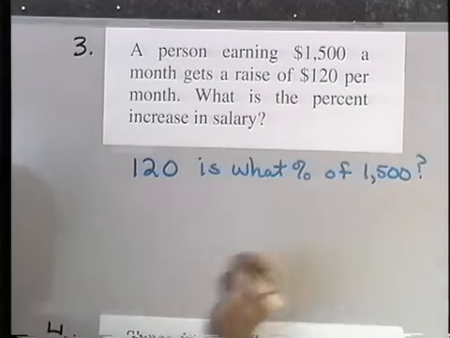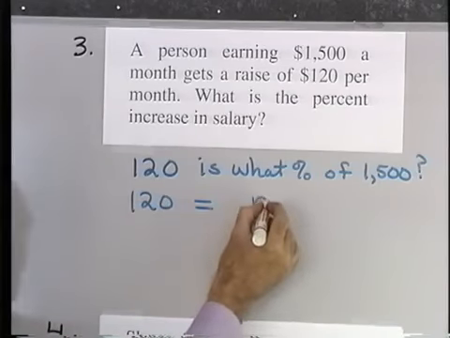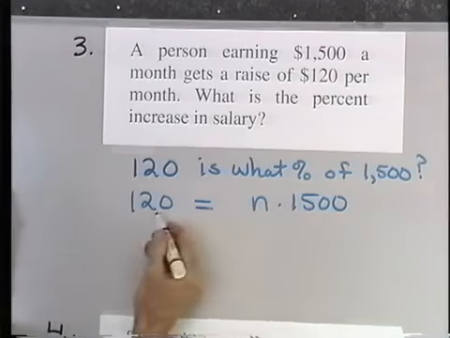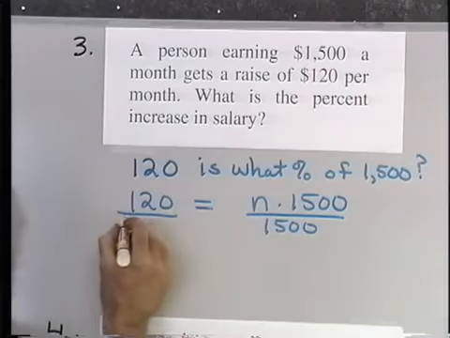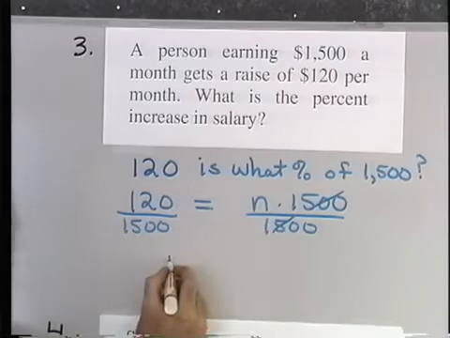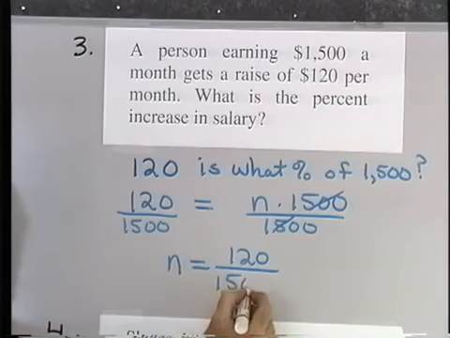So that's the question. Here's my translation. 120 equals what percent times 1,500. To solve this equation, I divide both sides by 1,500. These will divide out, and I'll have just n is equal to 120 divided by 1,500.